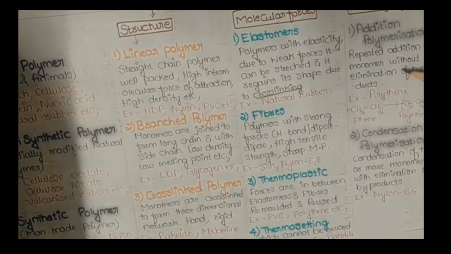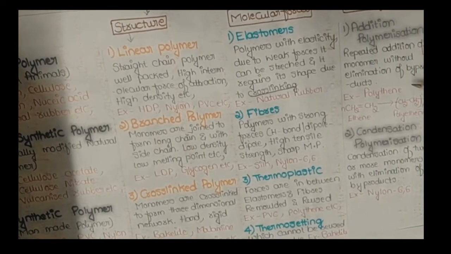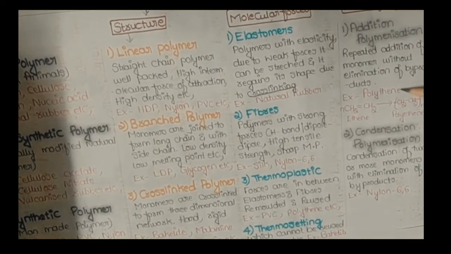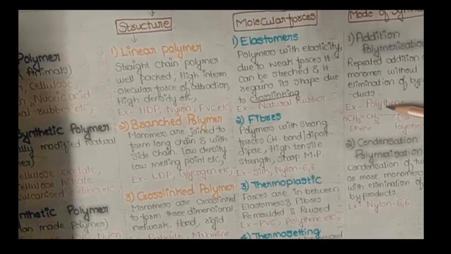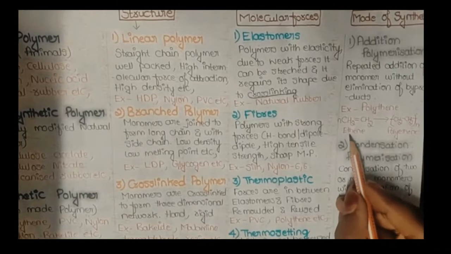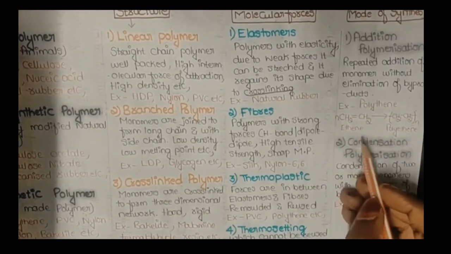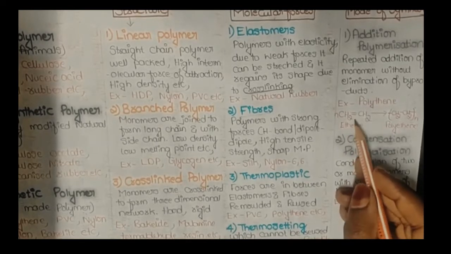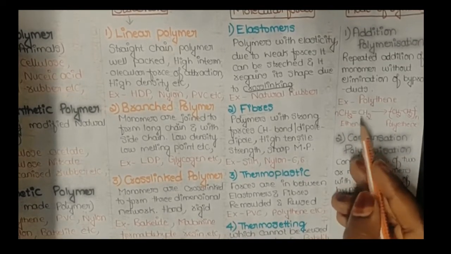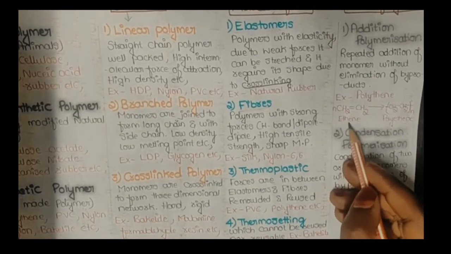So the simplest example for addition polymerization is polyethene, which is also called polythene. So here the monomer is ethene. The word itself is telling: eth refers to 2 carbon, ene refers to double bond. So it is an unsaturated alkene with 2 carbon, so it is called ethene.